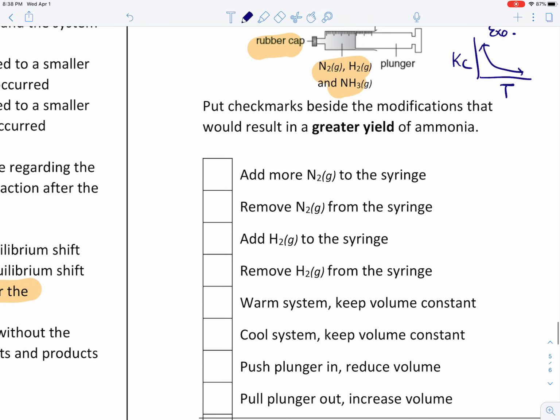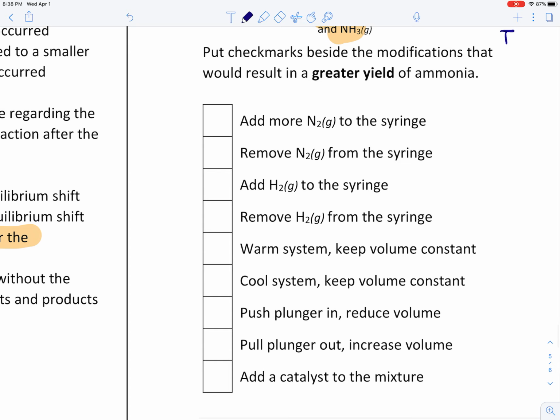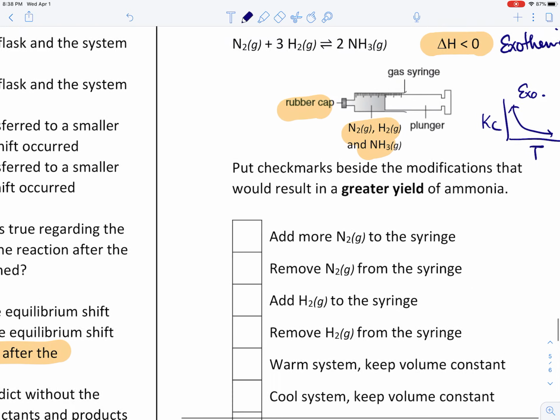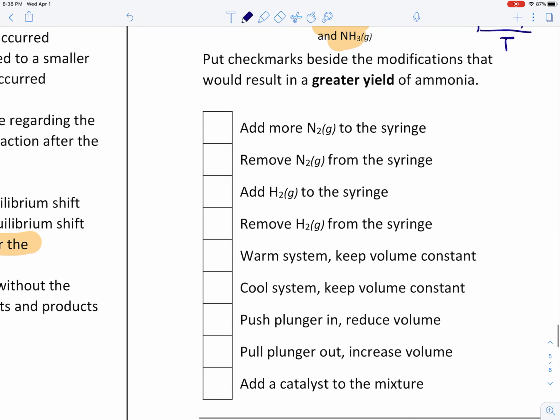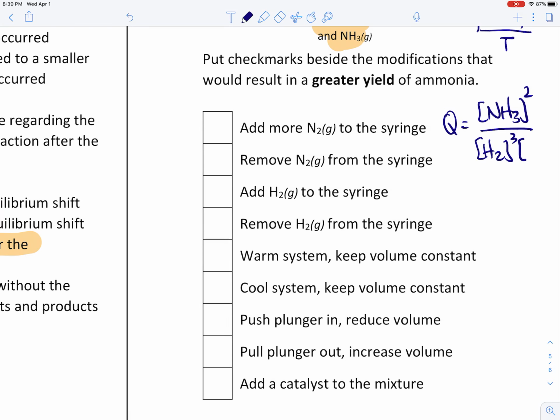So we want to put check marks beside any modification that would increase the yield, a greater yield of ammonia. So we want this equilibrium to shift forwards to make more ammonia. So let's write the Q expression. Q is going to equal the concentration of ammonia squared over concentration of hydrogen cubed and nitrogen.